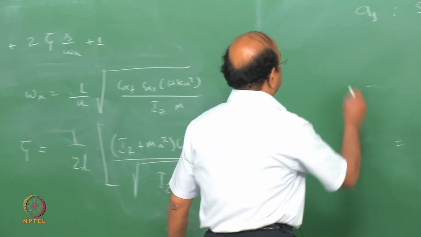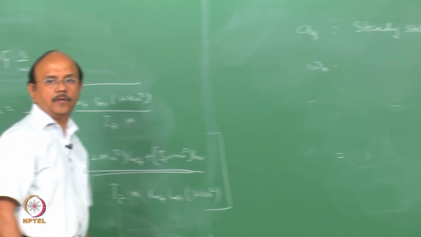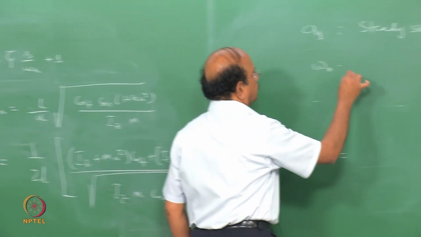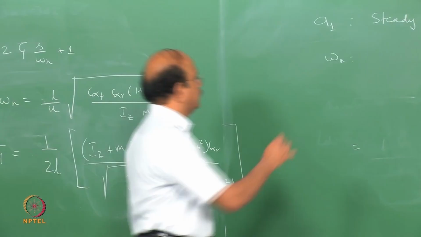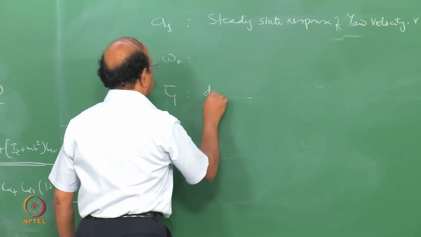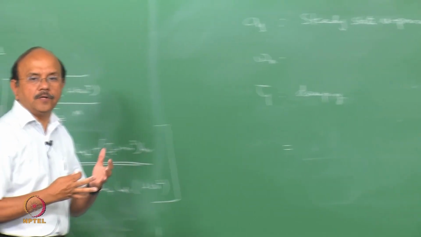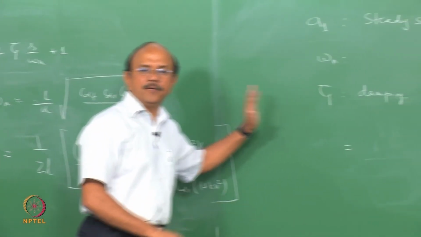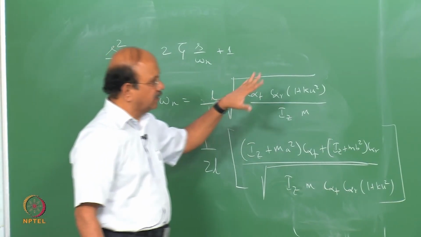The second quantity of interest is omega n, which is actually the natural frequency of the system. The third quantity of interest is damping. Though Mimuro calls this natural frequency of yaw and natural frequency of damping, I would resist calling this because they are just the poles of the system. I wouldn't like to give them a name.